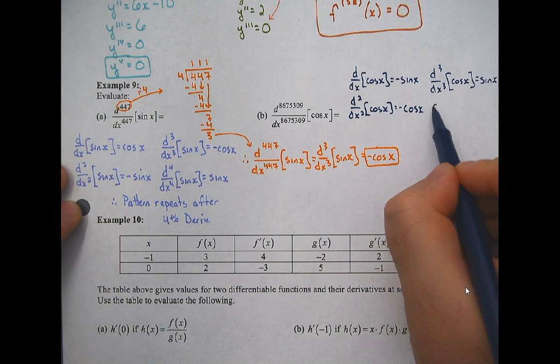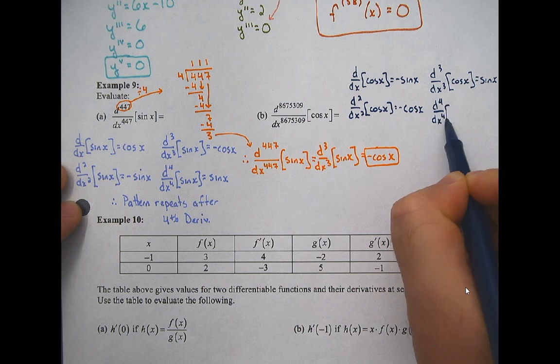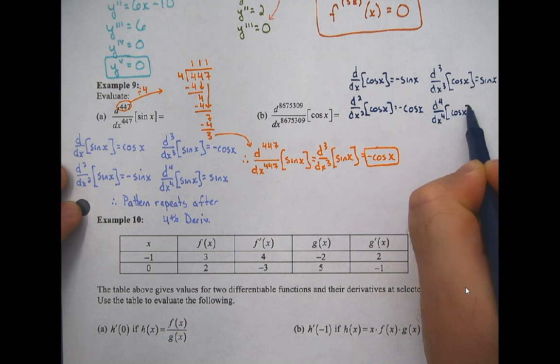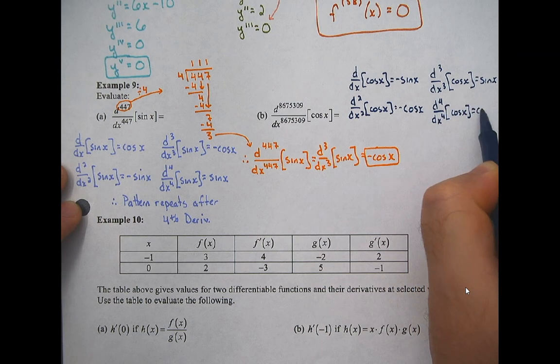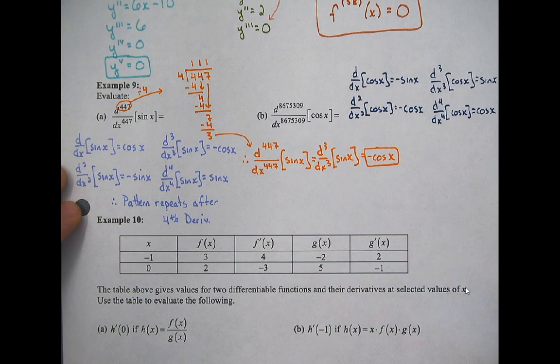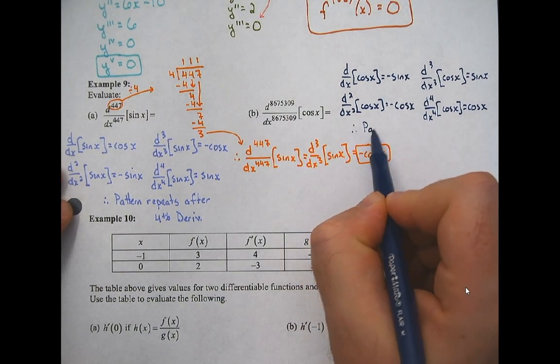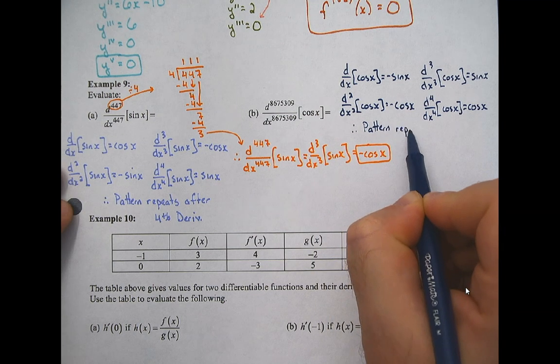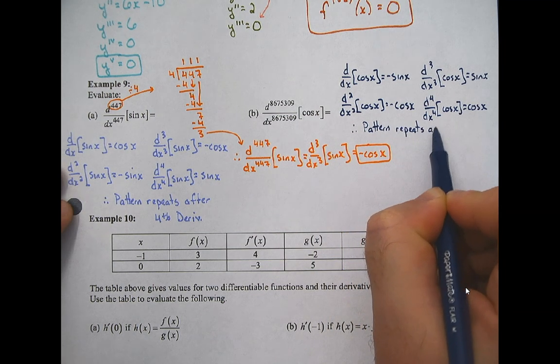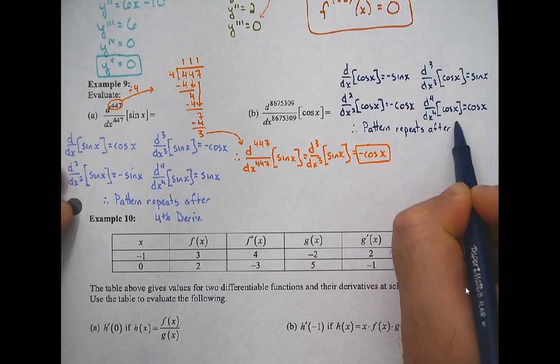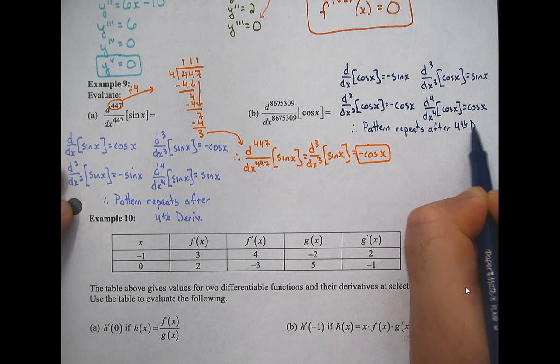And now I'm hoping that the fourth derivative takes me back to cosine, which it looks like it will. So that'd be the derivative of sine, which is cosine. Okay, so this is the same thing. Pattern repeats after the fourth derivative.